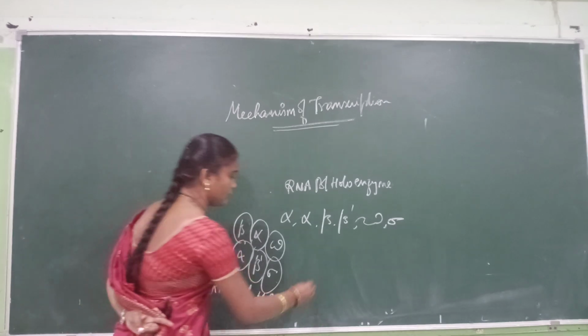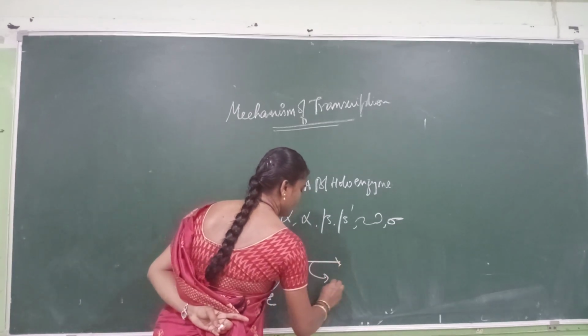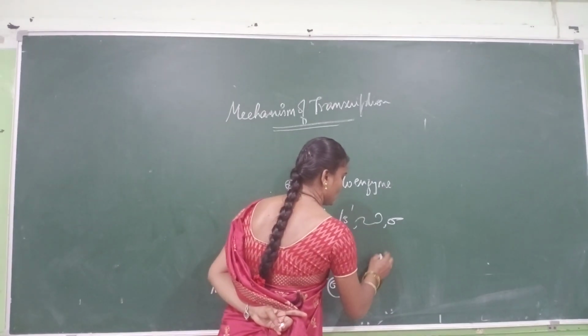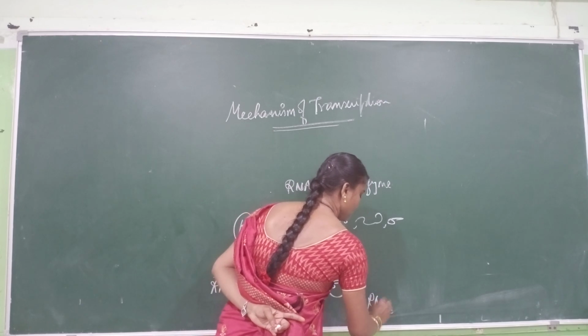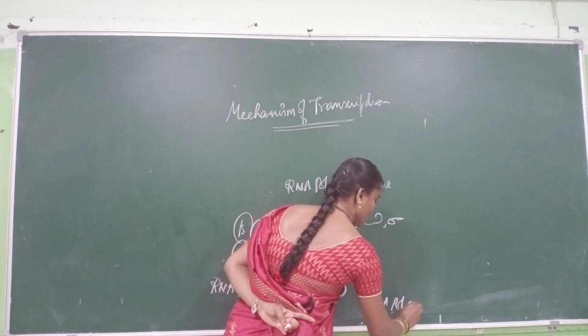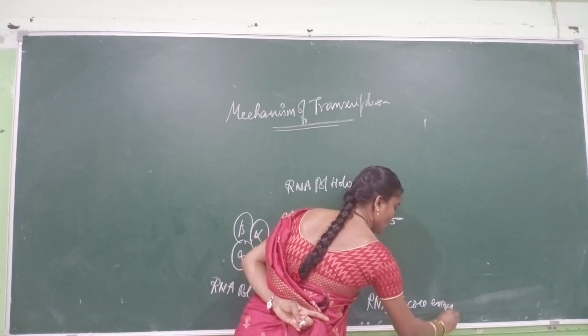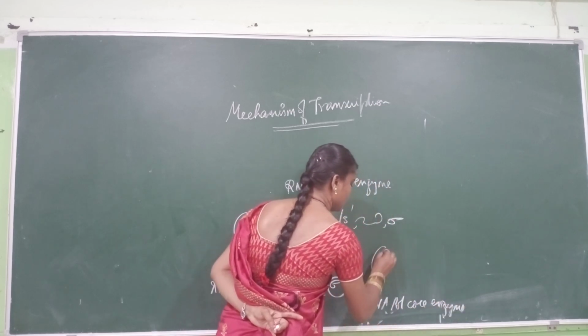If the sigma factor is removed, then that enzyme is known as RNA polymerase core enzyme. All these things you learned in the last session.